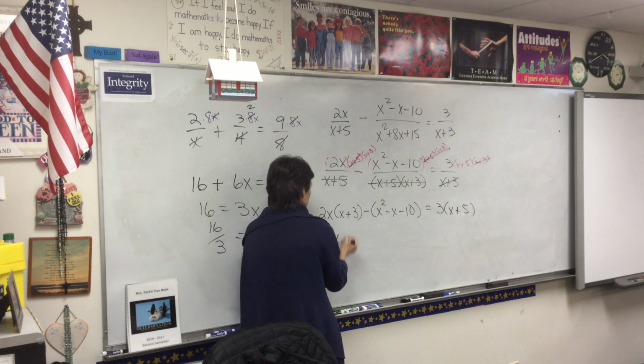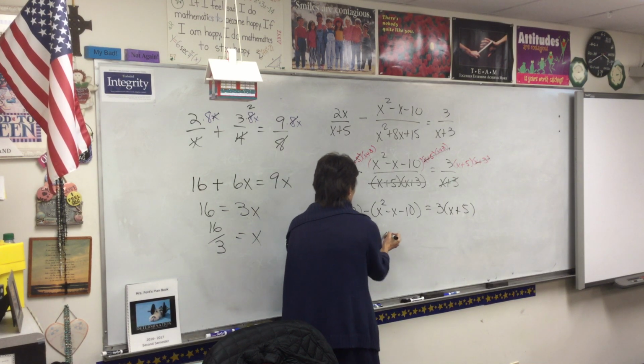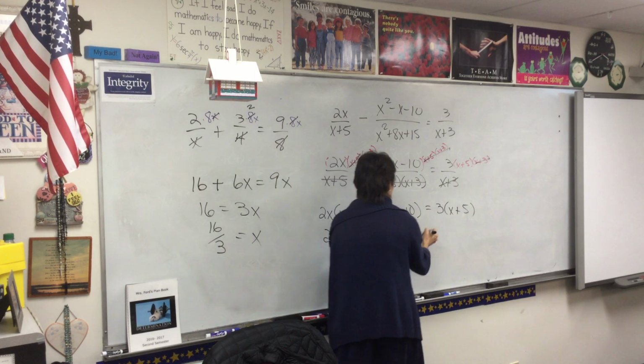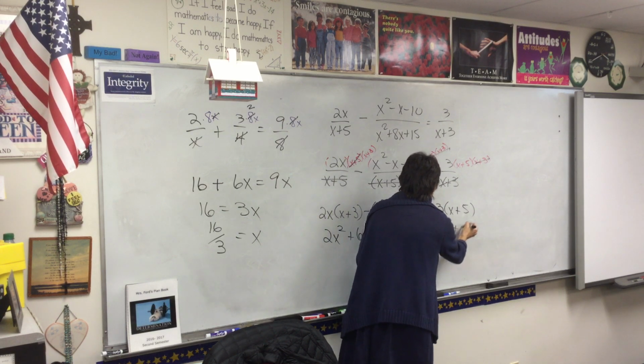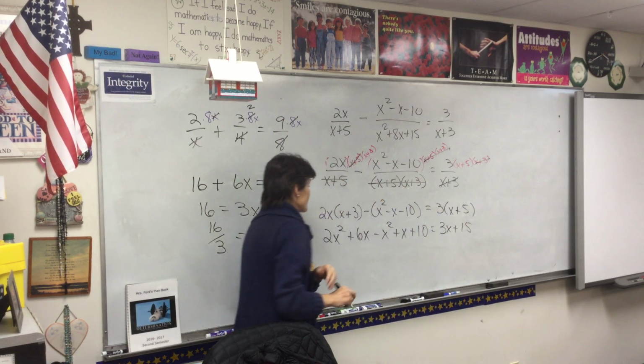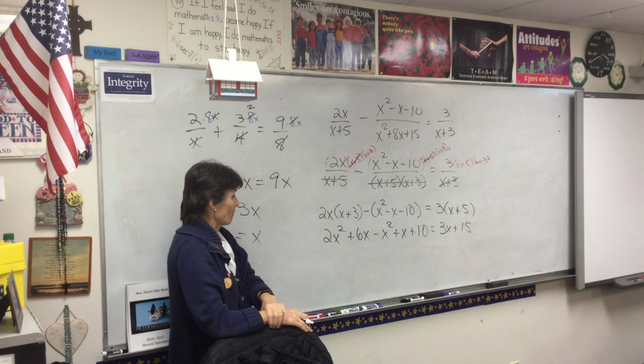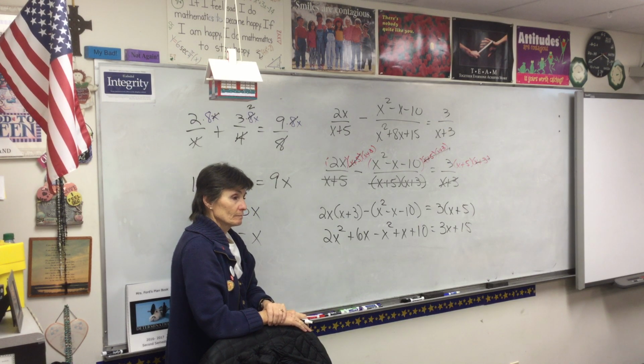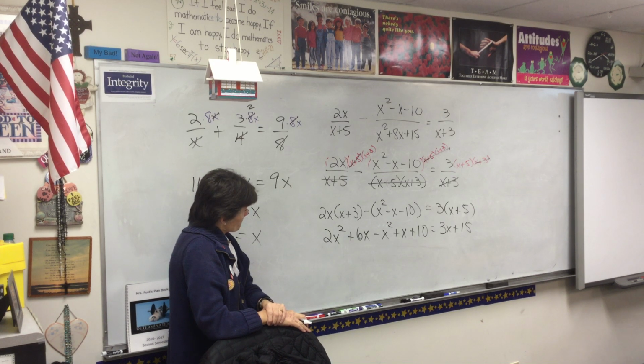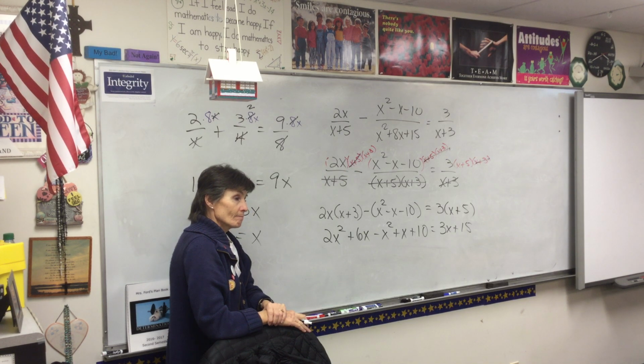So I got 2x squared plus 6x minus x squared plus x plus 10 and 3x plus 15. So I just did my basic distributive property.